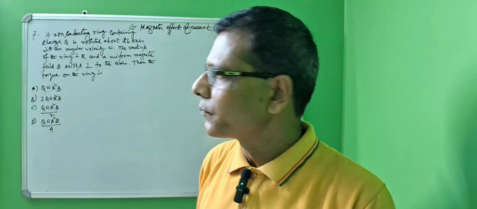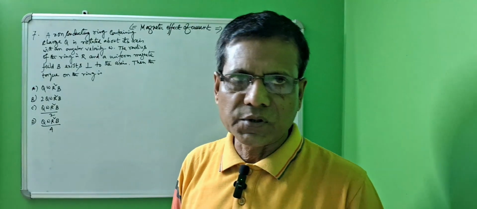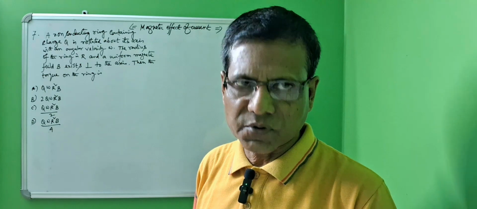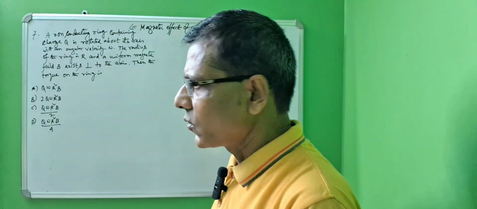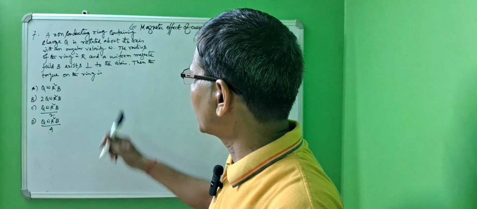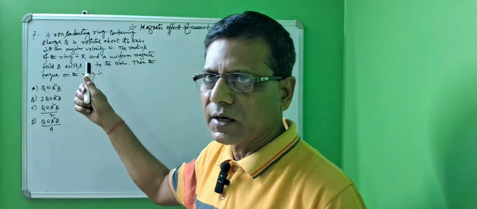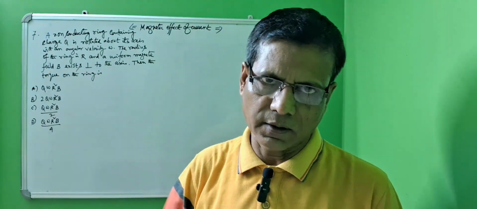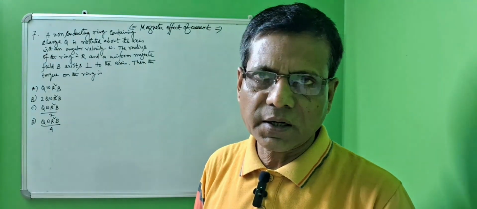The problem will be solved in the easiest process. What are the steps? First we find the current in the coil. What is that current?